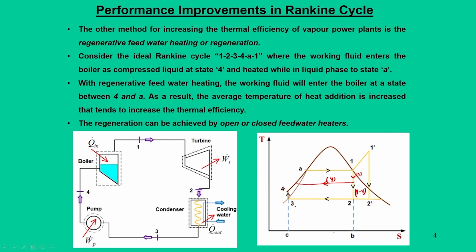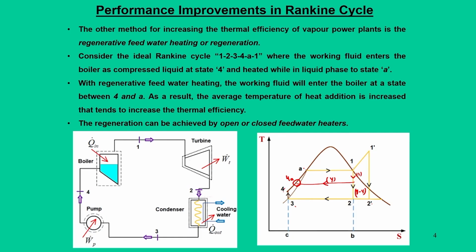Through that process, what goes into the boiler is a thermodynamic state 4A, which is in between state 4 and state A. So, through this regenerative method, we are increasing the mean temperature of heat addition.